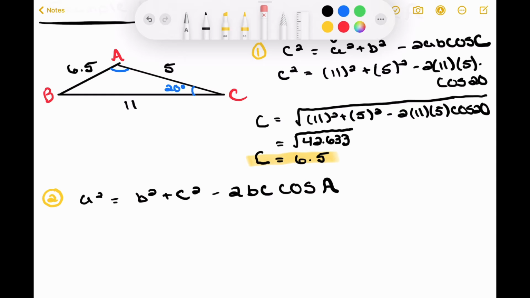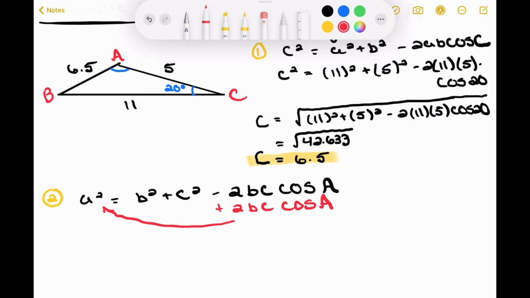So I think that's what I'm going to do to keep it simple, is I'm going to isolate for the a angle. So if I move the cos part over to the other side, I'm going to add it to both sides. So I'm going to get 2bc cos a added to both sides.